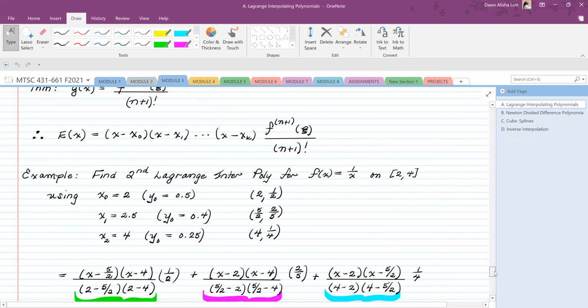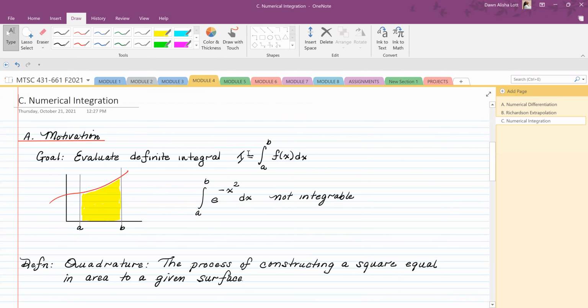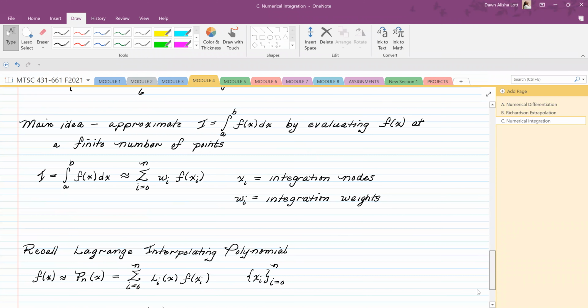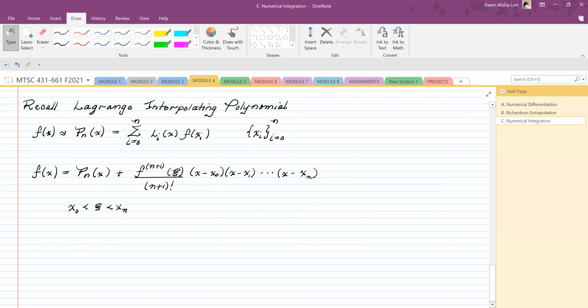All right. So if you remember, each Li of x was the product, j equals 0 to n, but j could not equal i.